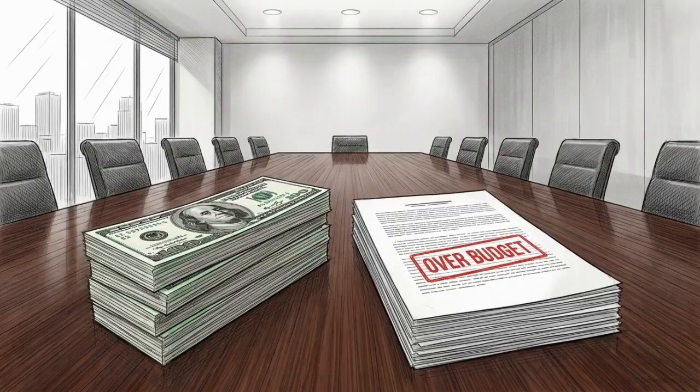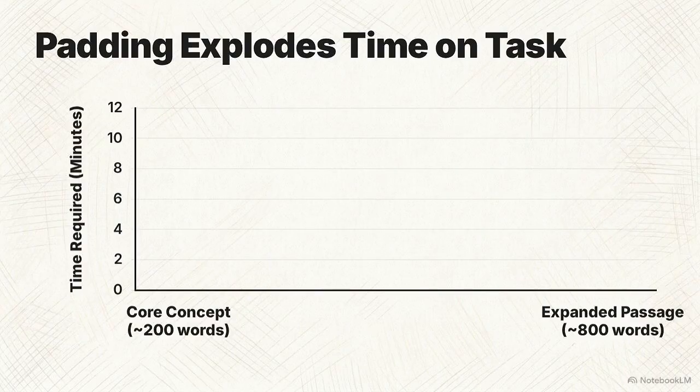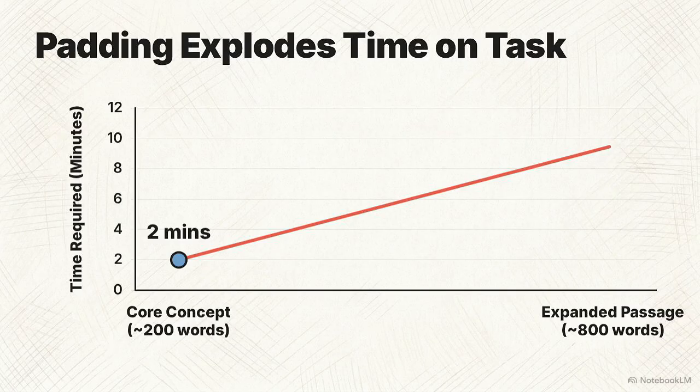Bloated design also carries heavy organizational costs, particularly the habit of adding extensive written elaborations to textbooks and digital modules. Reading comprehension data shows that padding a 200-word core concept into an 800-word expanded passage caused a massive, unjustified increase in the time required to complete the task.